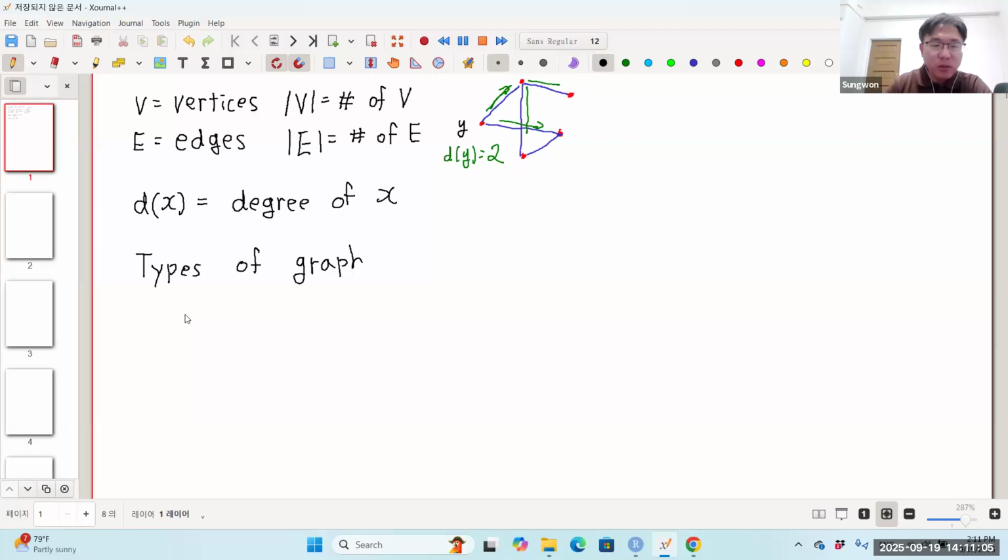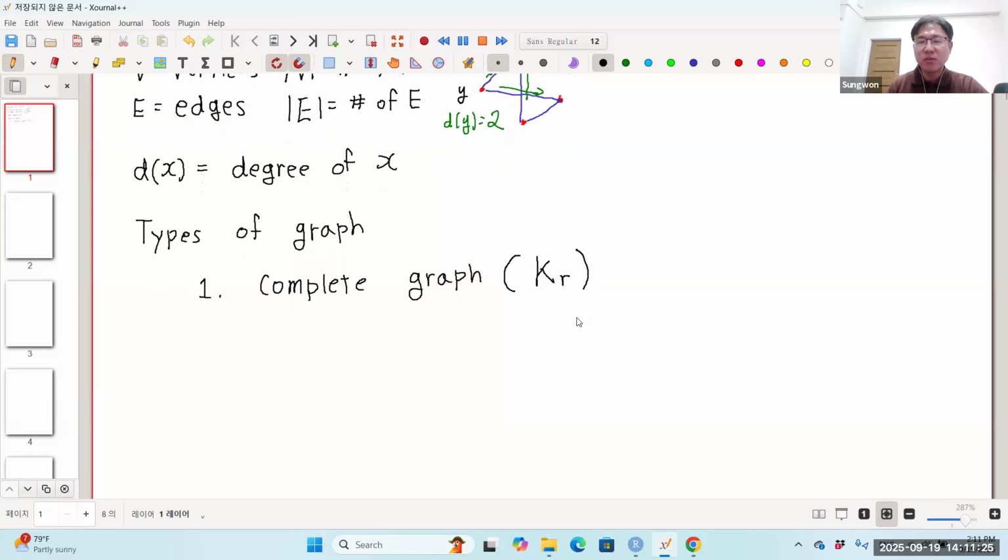The first one is the complete graph, and I'm going to denote that by K_r. And r stands for the number of vertices.